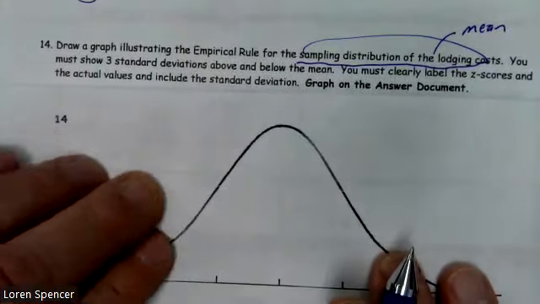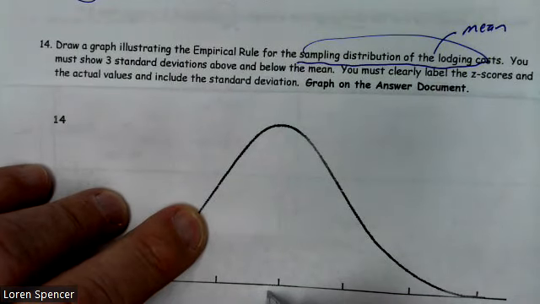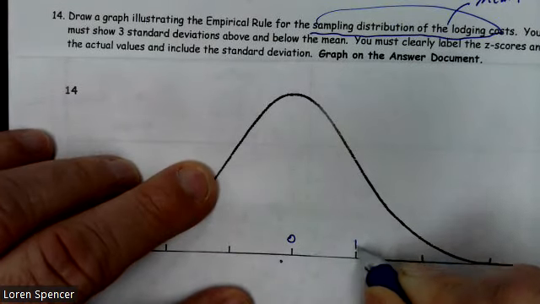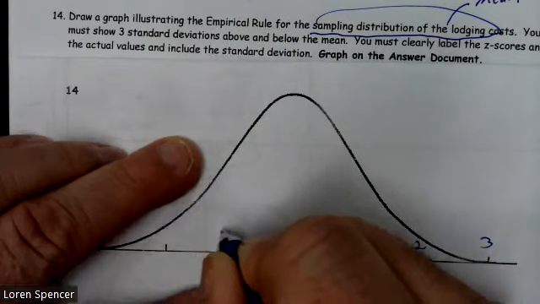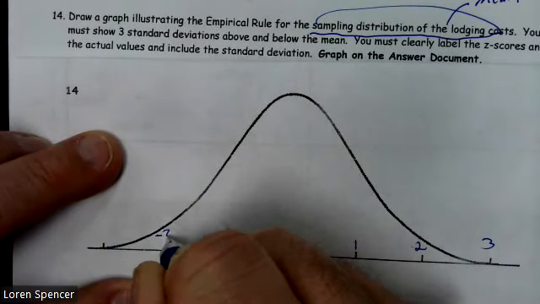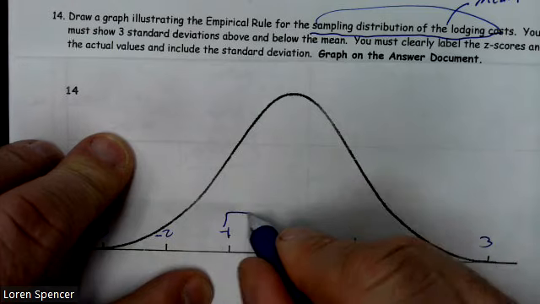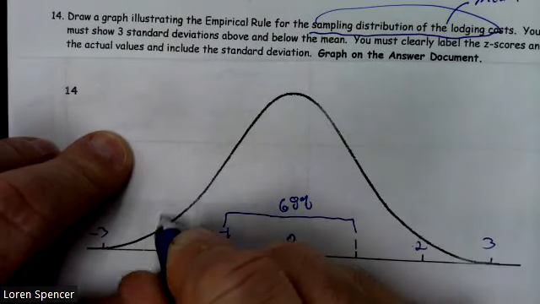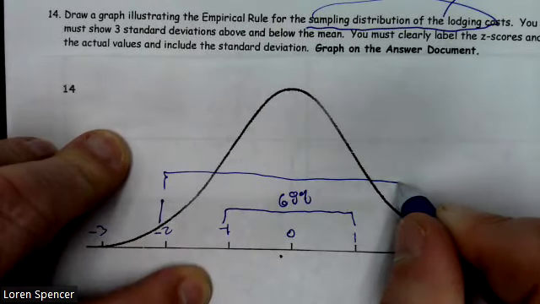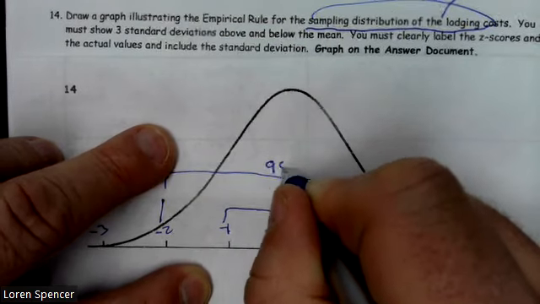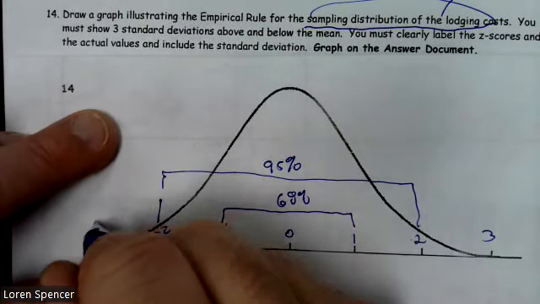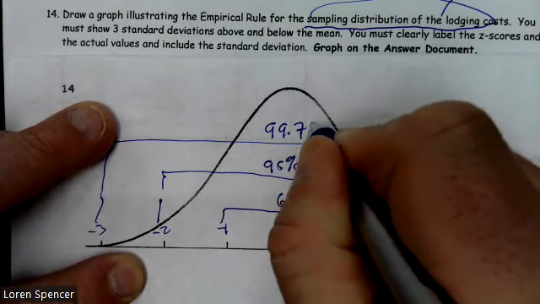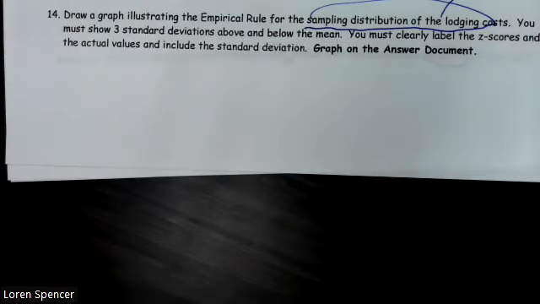In this case, we're going to start with our z-scores: 0, 1, 2, 3, -1, -2, -3. That's 68%. This is 95%. This is 99.7%.